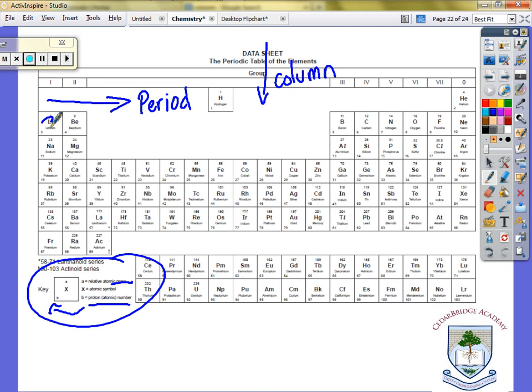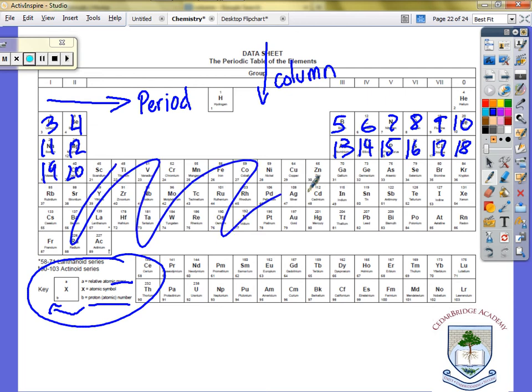So every time the number increases, we've got 3, 4, 5, 6, 7, 8, 9, 10, 11, 12, 13. You need to know everything about 1 through 20. Okay? You won't be asked many questions about the rest of them. You need to know everything there is to know about 1 through 20.